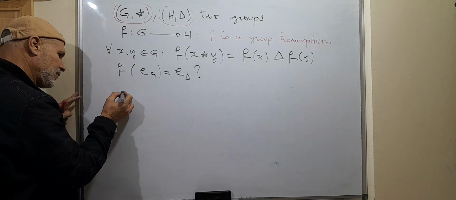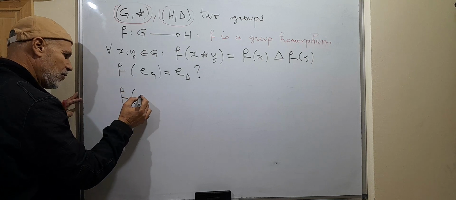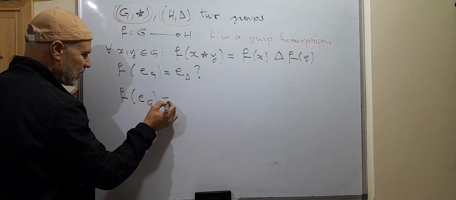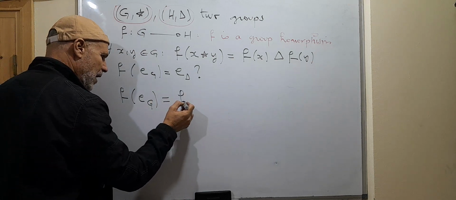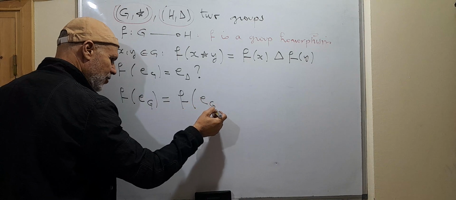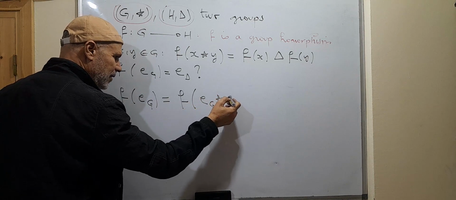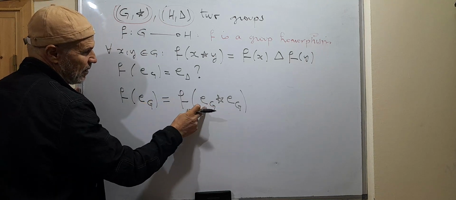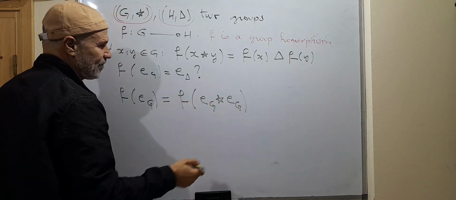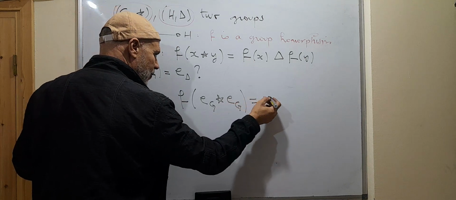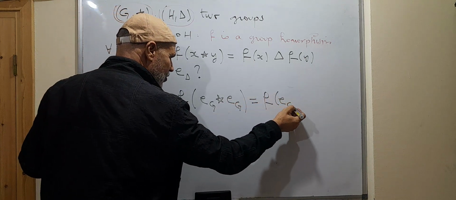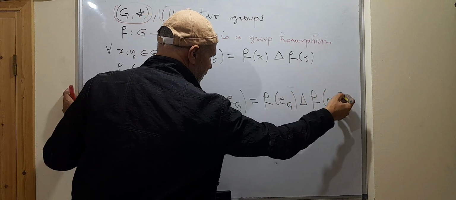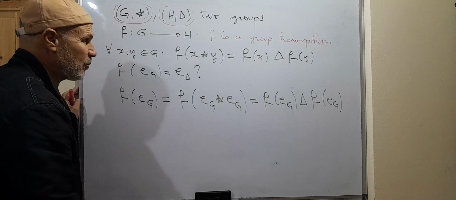Because f of e_G is equal to f of e_G * e_G. This is a neutral element, so this is true. This is equal to f of e_G Δ f of e_G, because f is a group homomorphism.